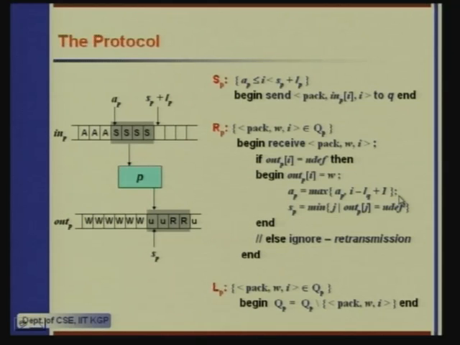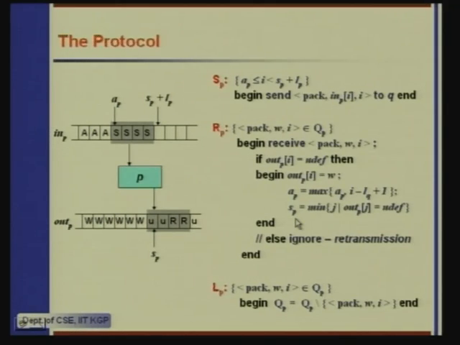So, this is how AP is updated, and as you can see, AP can only move towards the right because we are taking a max. And also we recompute SP to be the minimum J such that out P J is undefined. So, suppose this packet is received, then SP is going to move here, and then when this packet is received, SP will move here. So, SP is also going to move towards the right, it is going to increase only, except that the increment may not be by 1 always.